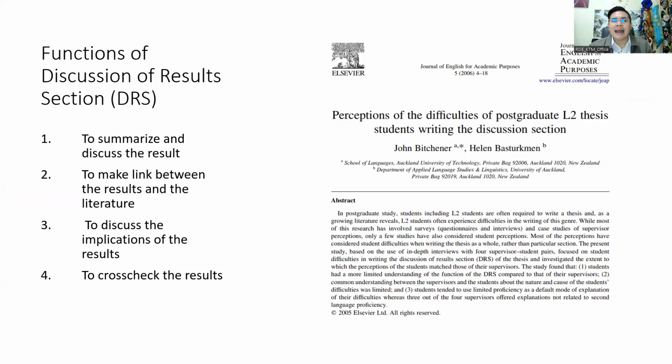First, to summarize and discuss the result. Second, to make links between the results and the literature. Third, to discuss the implications of the result. And fourth, to cross-check the result.